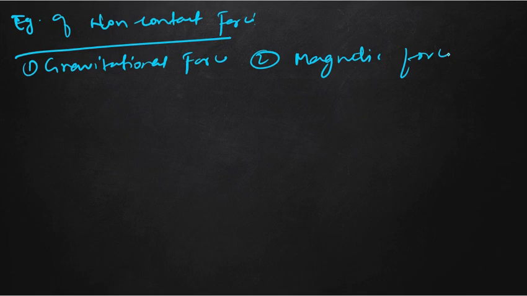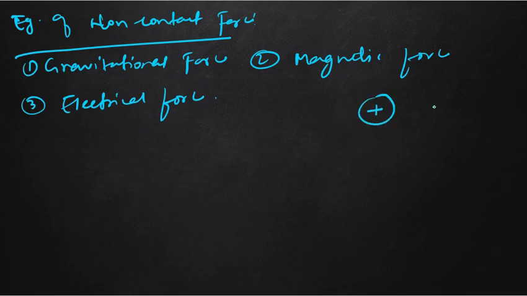Then electrical force. With electricity, the electrons move. Nothing pushes them, it is due to the potential, so that's why they are moving. That means they also have some force. So what is electrical force? If there are two charges, one positive and another also positive, we know that like charges repel.